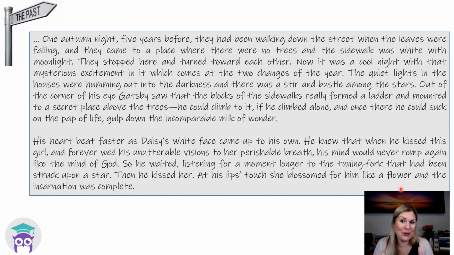And here is a moment where he is able to consider that a relationship with someone like Daisy, old money, full of wealth, could get him to the top of that tree so that he could suck on the pap of life and gulp down the incomparable milk of wonder. Two metaphors that I do find a little bit queasy. But it's all about sort of taking, enjoying, consuming, which is what Gatsby wants.